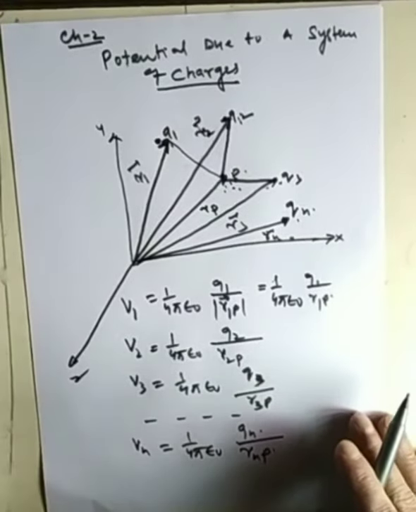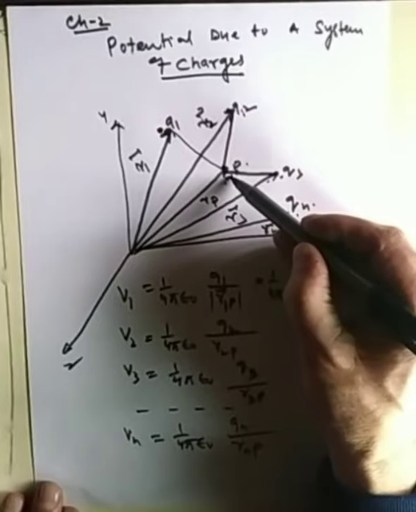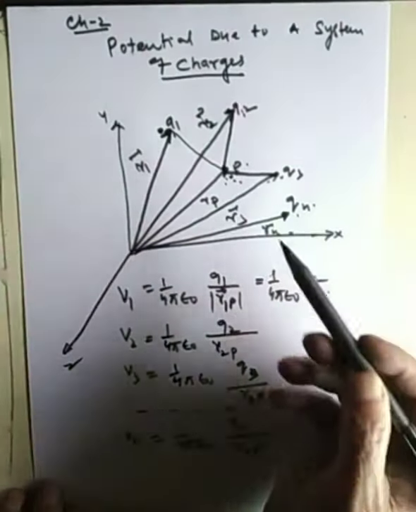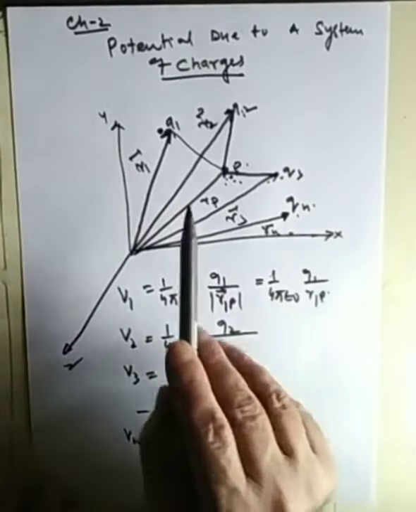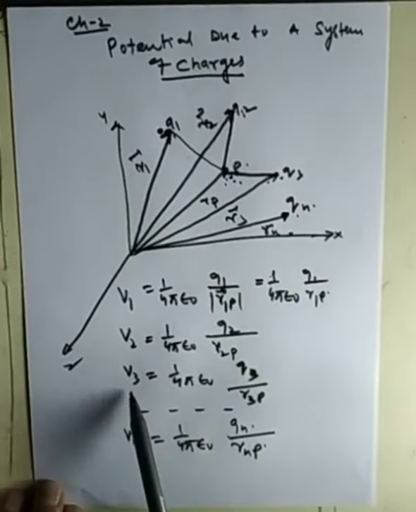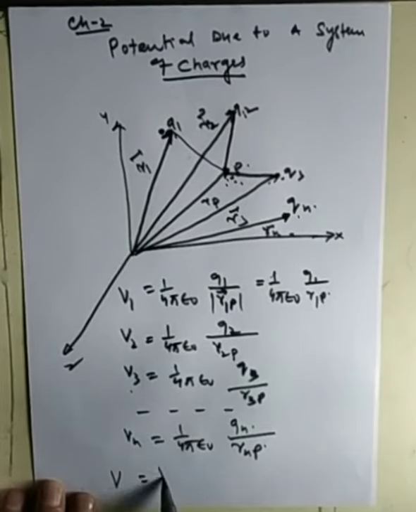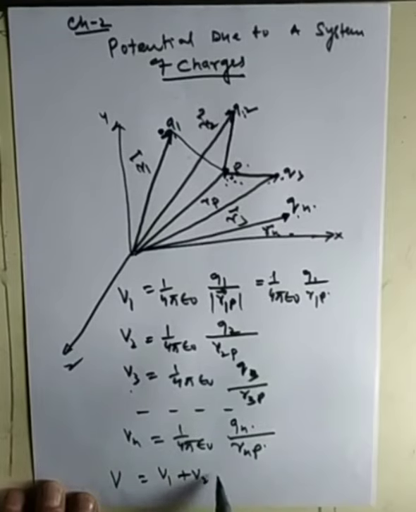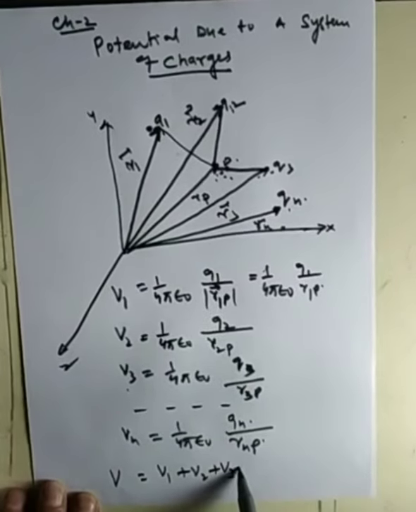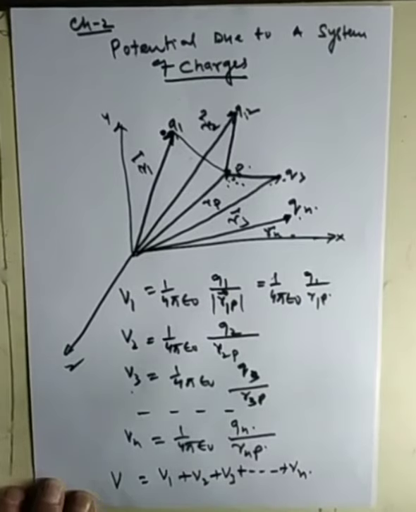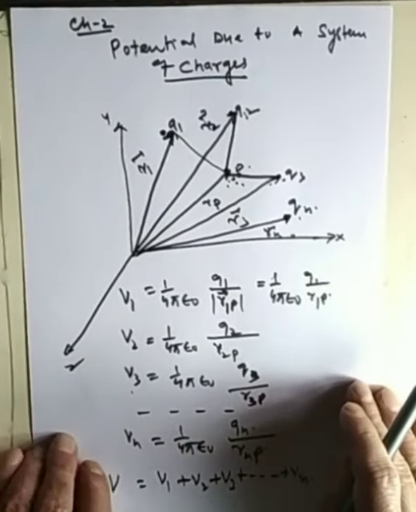Now the total potential at this point due to all of these charges will be the sum, not vector sum, simple algebraic sum, because keep in mind potentials are scalar quantities. So total potential V will be equal to V1 plus V2 plus V3 plus Vn. Now we have to simply substitute the value.